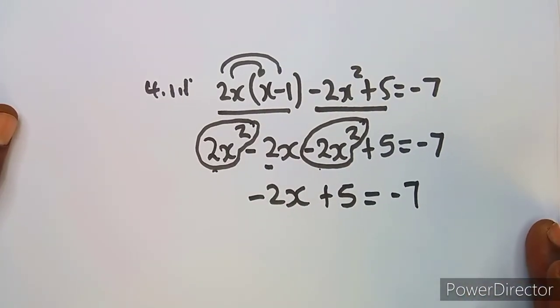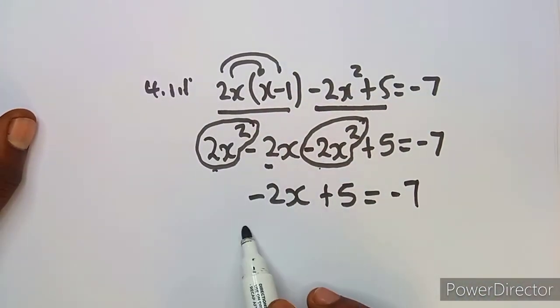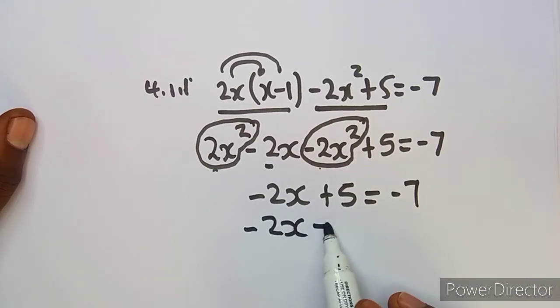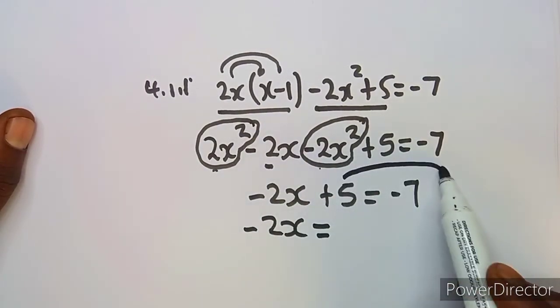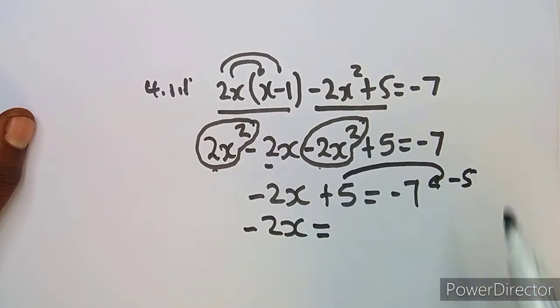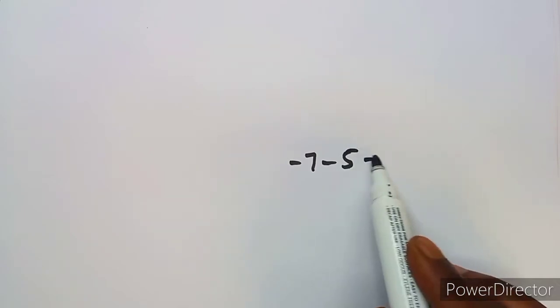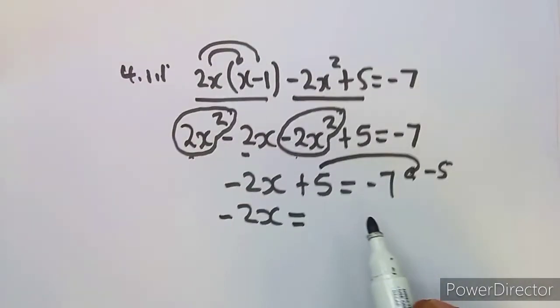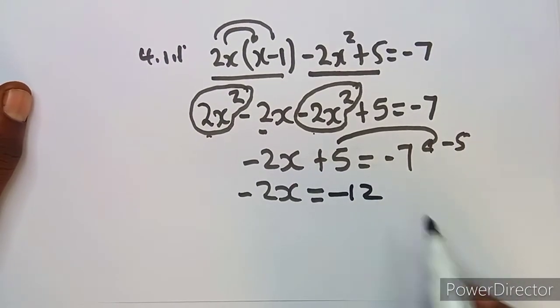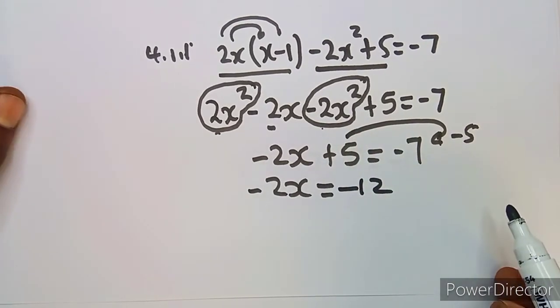So how can I solve for x at this stage? Okay, I'm going to transpose. Minus 2x is equal to, transpose this 5 to the right hand side, it is going to be a negative 5. So it's going to be minus 7 minus 5, which is minus 12 from your calculator. So you're going to obtain negative 12. How am I going to solve for x?